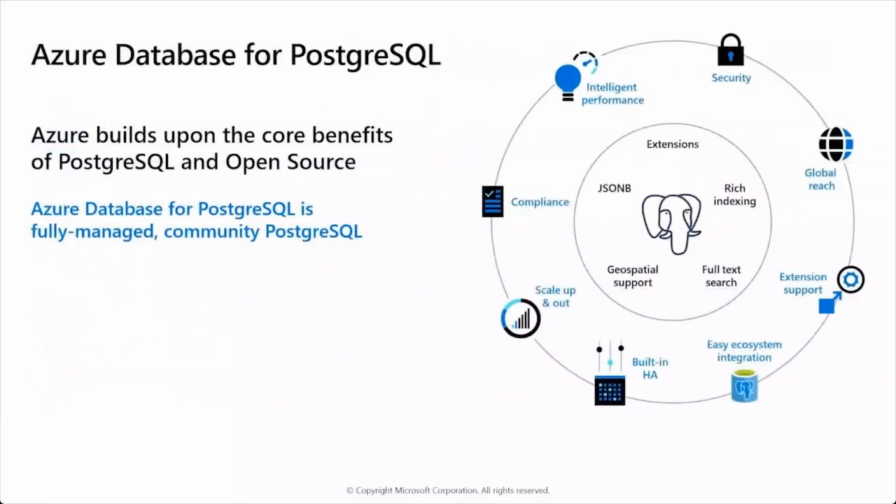Now, if you prefer PostgreSQL, you can choose Azure Database for PostgreSQL. This service provides the same availability and performance, scaling, security, and administrative benefits as the Azure MySQL service.